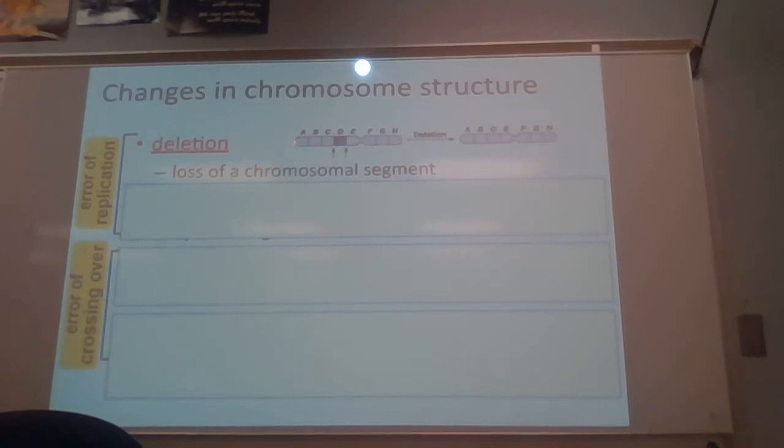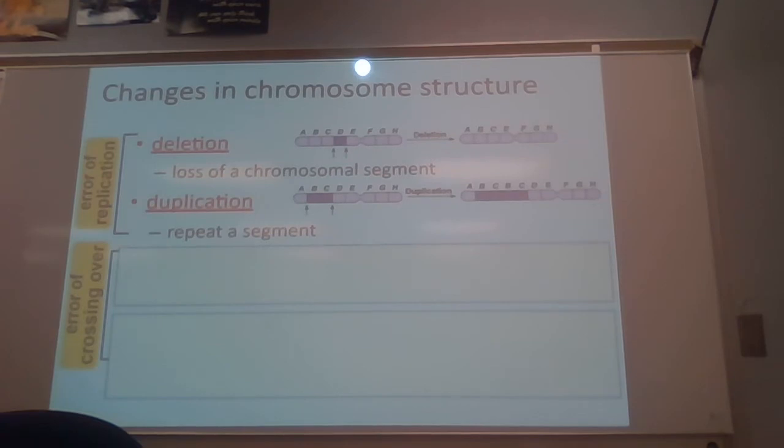But we have these genes A, B, C, D, E, F, G, H. In this case, when we copied it, we missed copying this section. And so now the copy of that chromosome does not contain the D gene. Okay? So it's a deletion when we lose a part of a chromosome, and we can lose a gene or multiple genes in that process. Okay, so that's deletion.